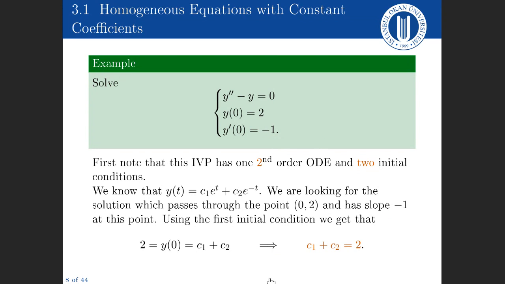If we use the first initial condition, we can see that we must have C1 plus C2 is 2, because, of course, e to the power 0 is 1 and e to the power minus 0 is 1.